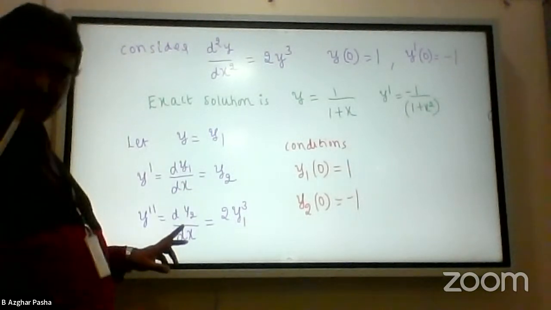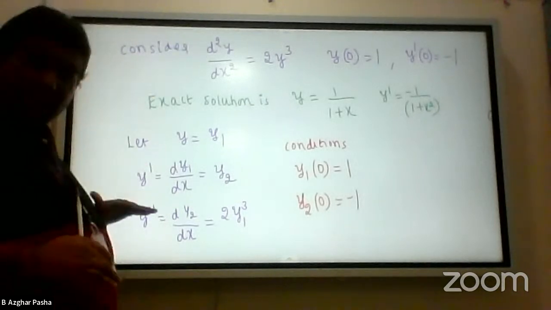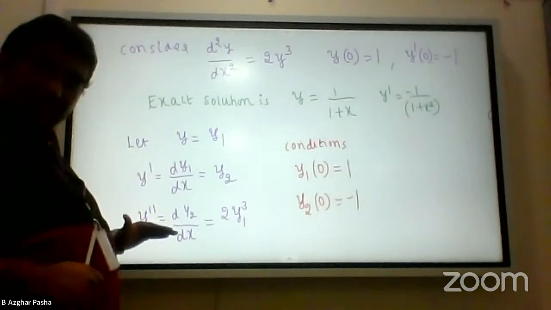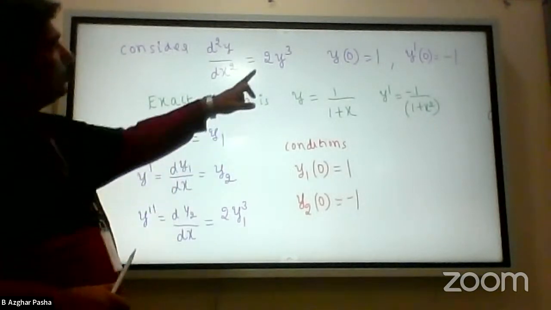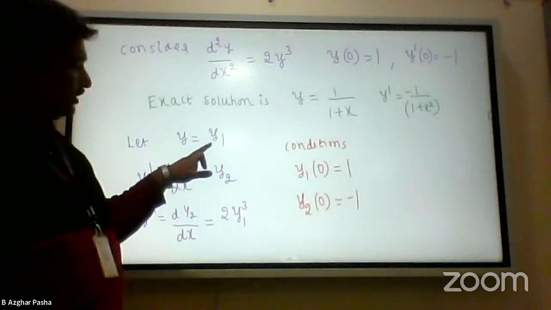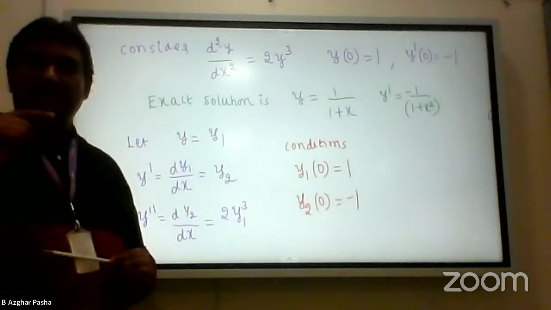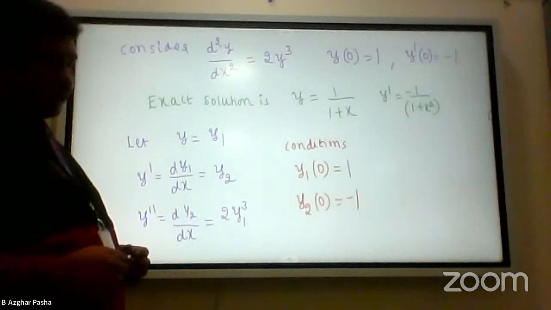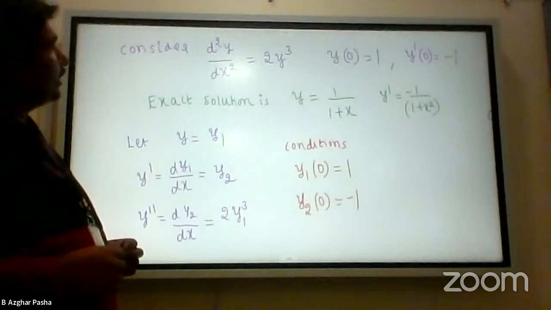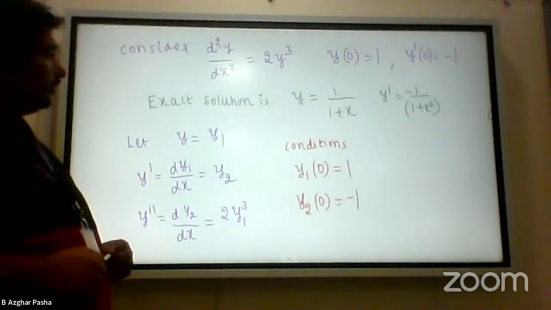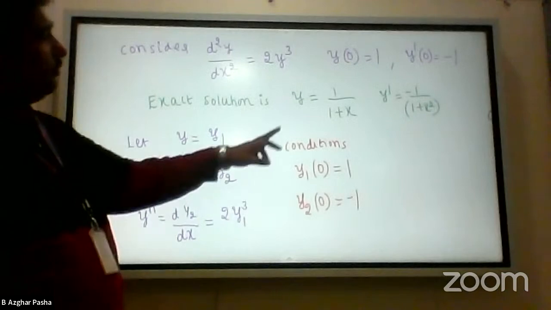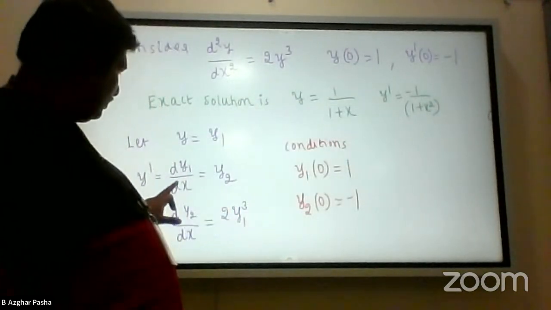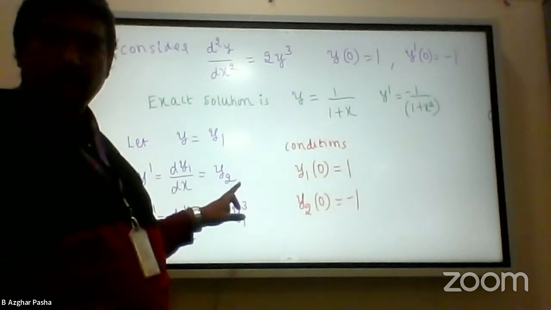I'm not calling it as y3 because in the second order, I'm stopping at the second order. y1, y2, and its derivative dy2 by dx is 2y cube. Y I have denoted as y1, so it's y1 cube. I'm just rearranging it. I'm writing the first order conversion of the given second order equation. So the condition y of 0 equal to 1 becomes y1 of 0 equal to 1. Y dash is y2 in our notation.